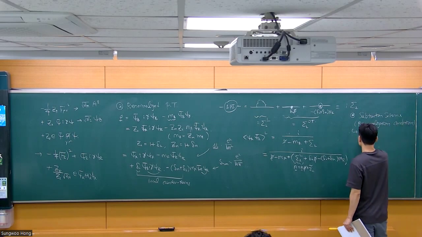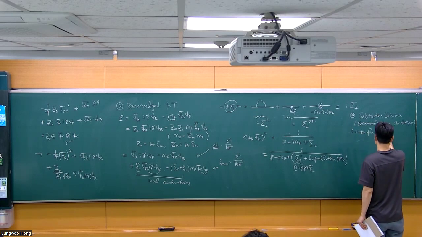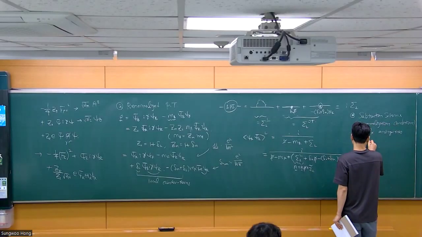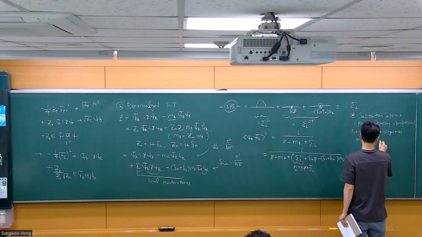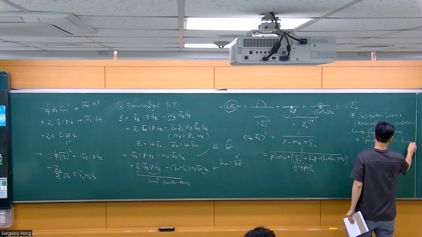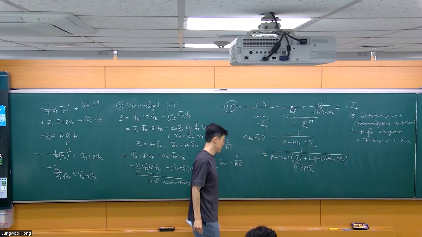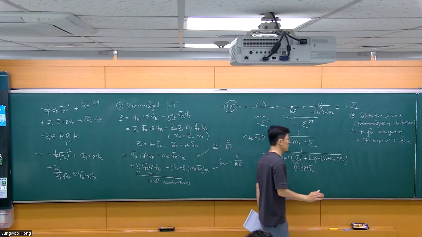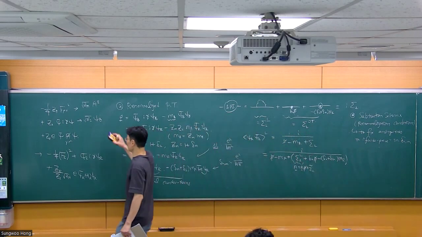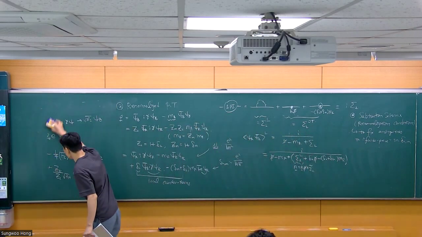So this is to fix the ambiguity in counterterm problems. Let's see. So I will demonstrate two example main subtraction schemes or main renormalization conditions.